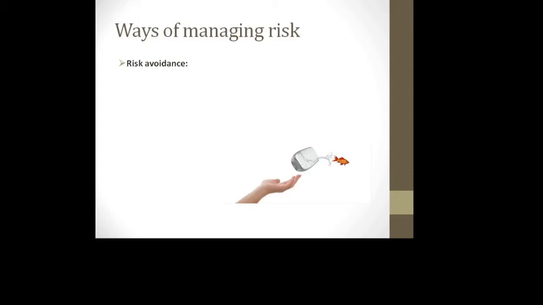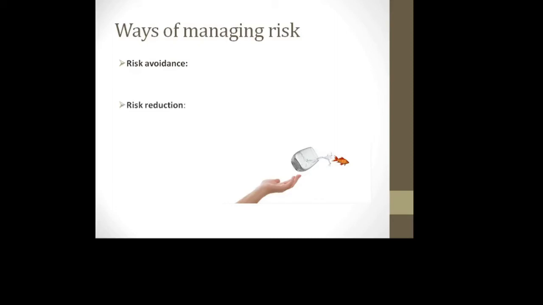While the complete elimination of all risk is rarely possible, a risk avoidance strategy is designed to deflect as many threats as possible in order to avoid the costly and disruptive consequences of a damaging event. That can be done in the risk avoidance stage. So this is the first way of managing risk.